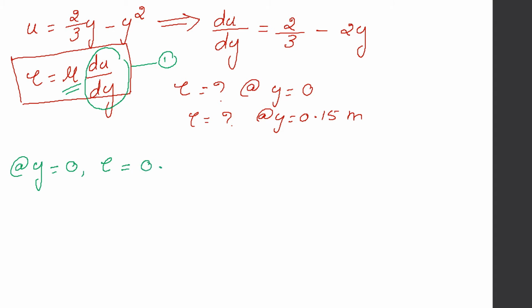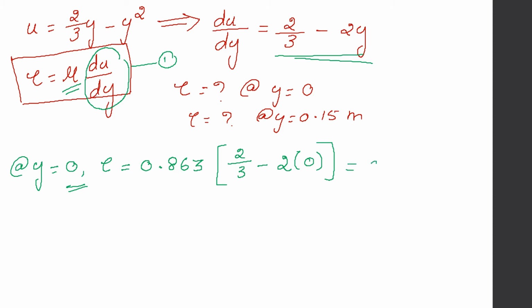We have found it as 0.863 Newton second per meter square, multiplied by the expression for du by dy, 2 by 3 minus 2 into y, where the value for y is taken as 0. You simplify, you get 0.575 Newton per meter square.